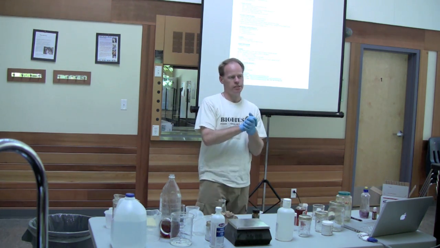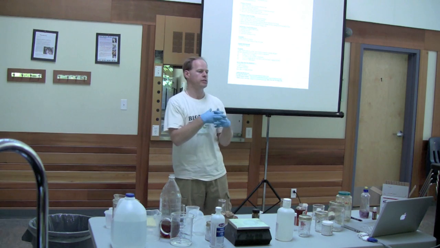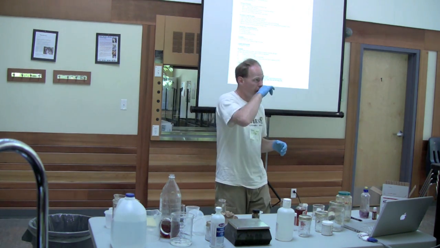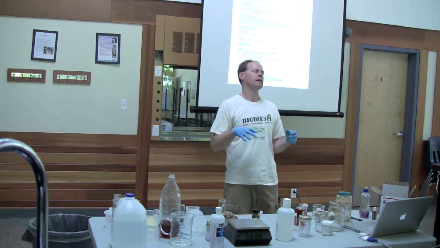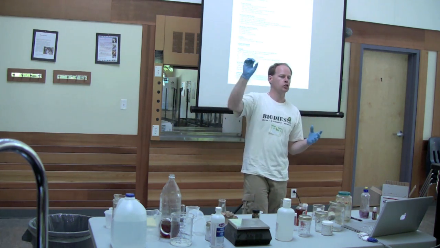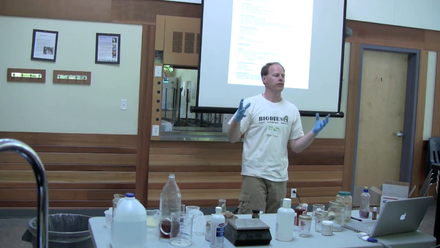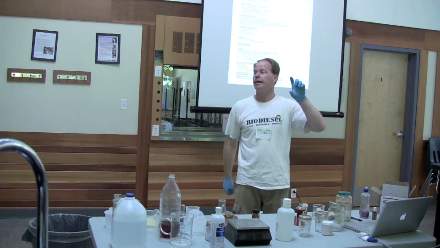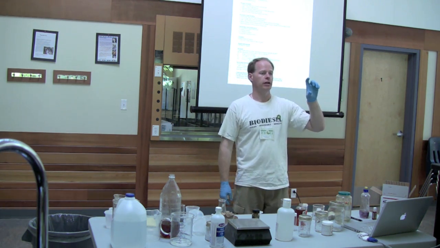Just some history on the 327 test so you understand it, because there are some misconceptions about it. About 5 years ago, a gentleman over in Sweden figured out that methanol will dissolve biodiesel that is well reacted at a certain temperature.